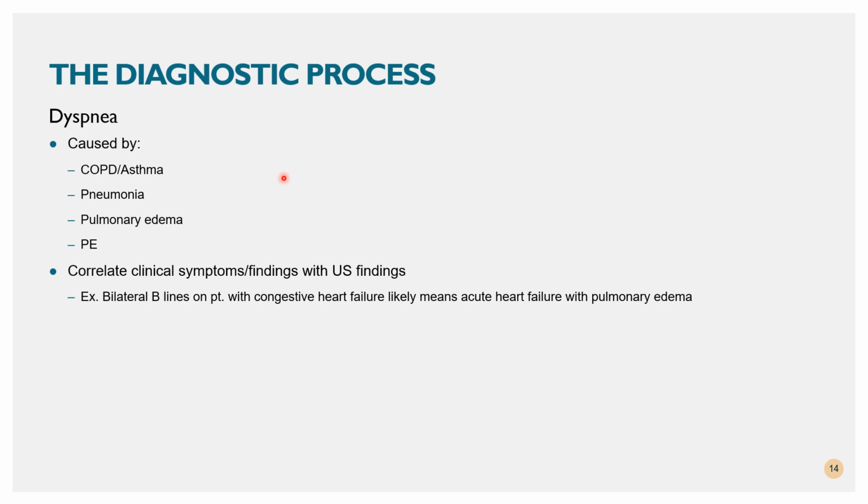So when you have a dyspnea patient and you see bilateral B lines, that's going to indicate more of a consolidative pathology, like congestive heart failure or something like that. If you have a negative finding, with nice pleural sliding, seashore sign, and A lines, then that might lead you to a different diagnosis.